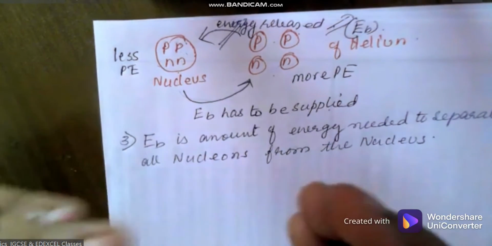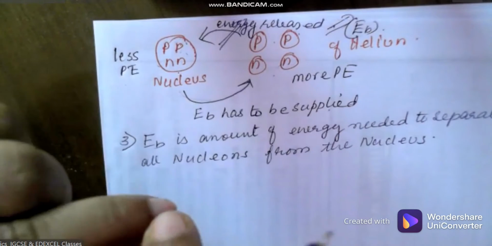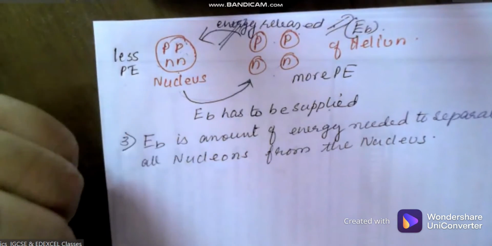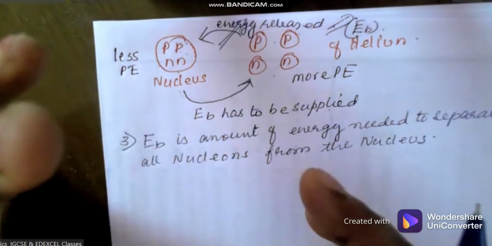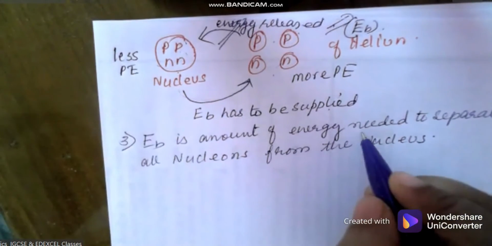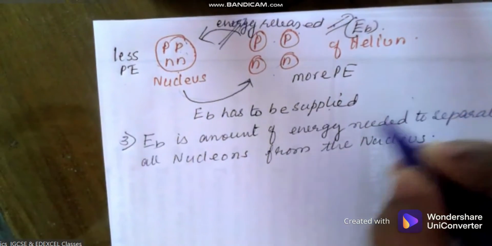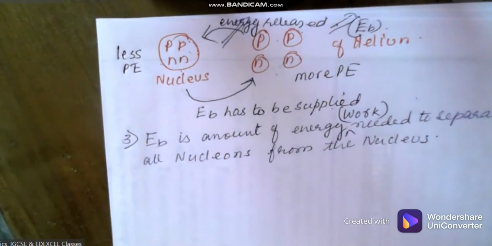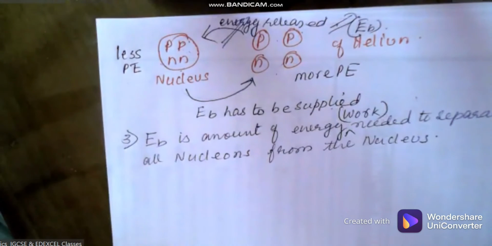Okay, you have got a tight nucleus. If you want to separate them, you have to do a lot of work. You have to supply energy. The amount of energy or work needed, you can use any one of those terms, to separate them.